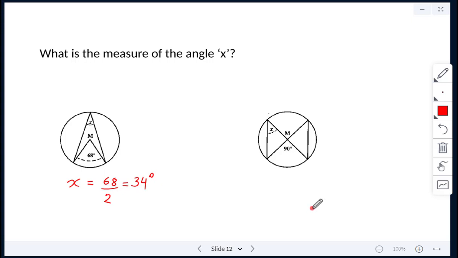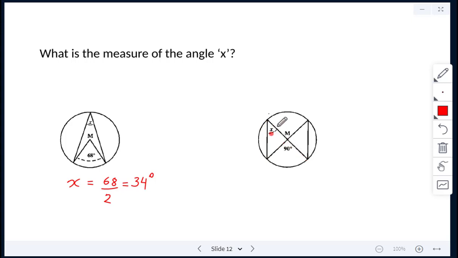In this example, we're again given our central angle here, because we have the center of the circle and the 2 radii. So this angle here is 90 degrees. This angle is the inscribed angle, and it is subtended by the same arc as the central angle.